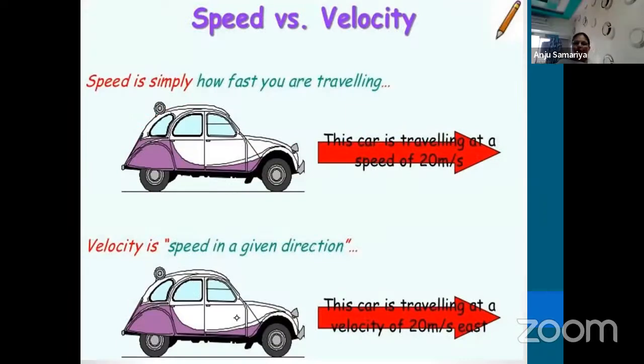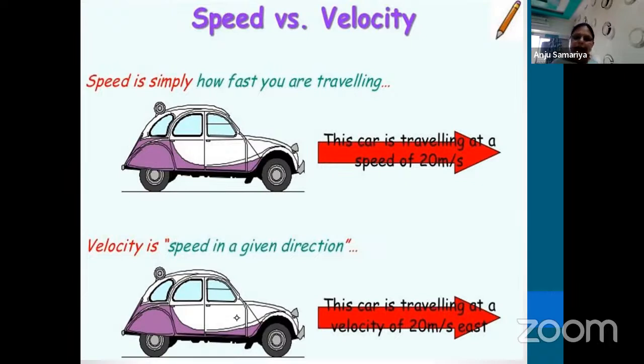Now, speed versus velocity. Speed is simply how fast you are traveling, distance upon time. But velocity is speed in a particular direction. So when I say a car is moving with a speed of 10 meters per second, you say, okay, fine, the car is moving, but you do not have the direction.